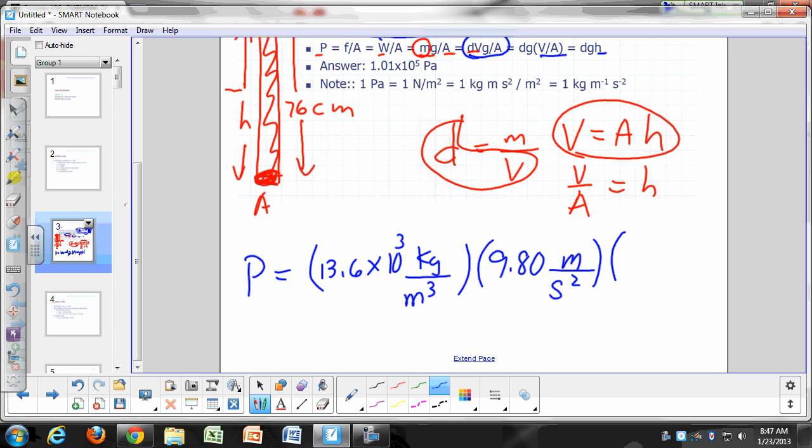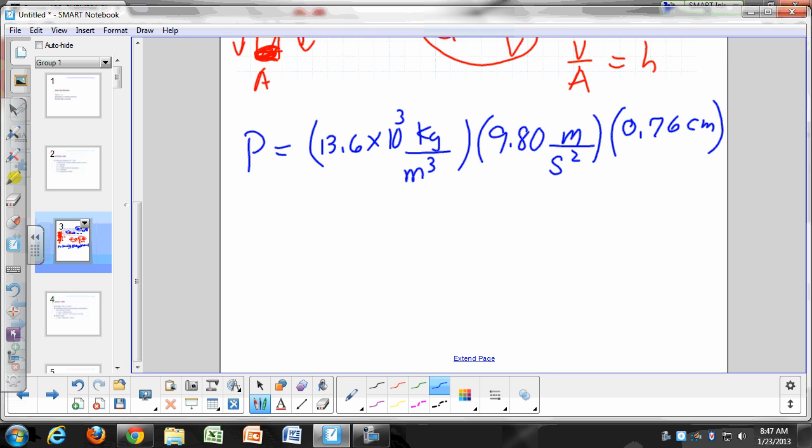And what's our height? 0.76 meters, I'm sorry, meters, because that's 76 centimeters.